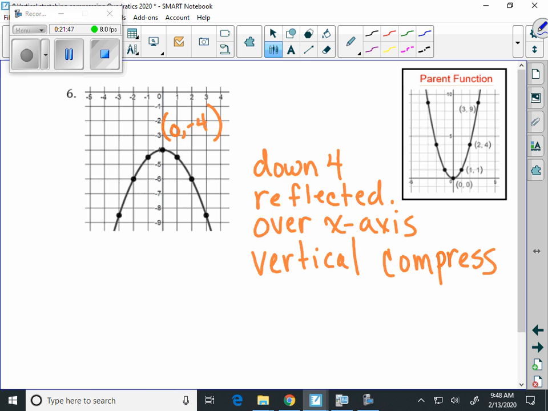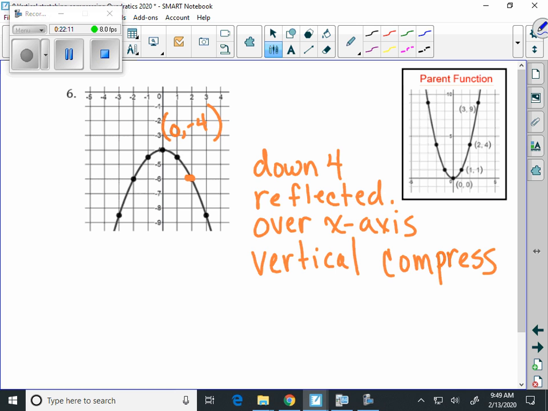So let's go to the next point. And at the next point, we went 2 spaces to the right and 2 down to get to that point right there. In the original picture, we went 2 spaces to the right and 4 up. So since it's reflected over, we should have gone 2 spaces to the right and 4 down.